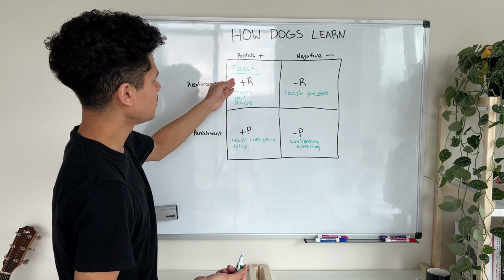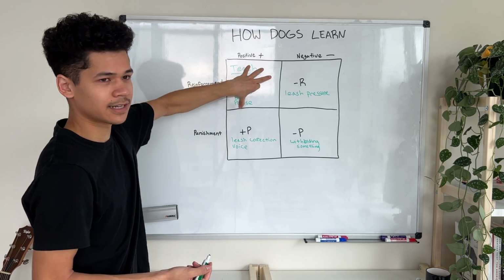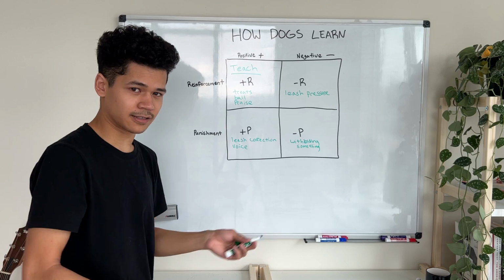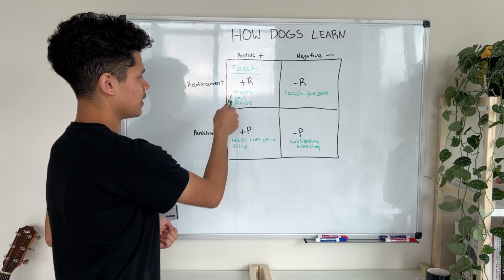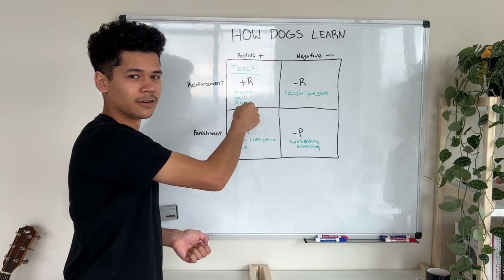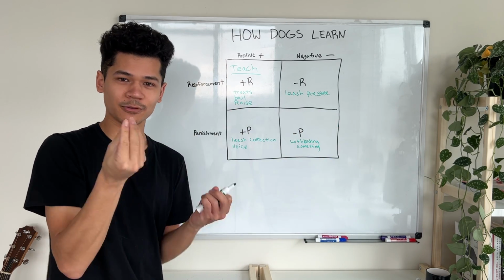Because the problem with positive reinforcement, if you only train in this quadrant and you only are trying to motivate your dog to do things, this whole thing is going to fall apart once your dog sees something else that they value more than whatever you have.